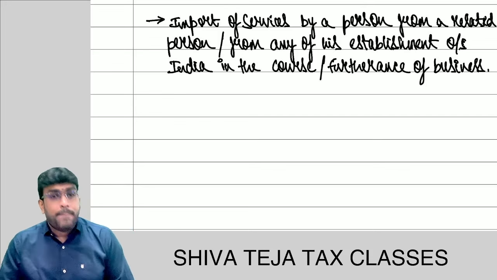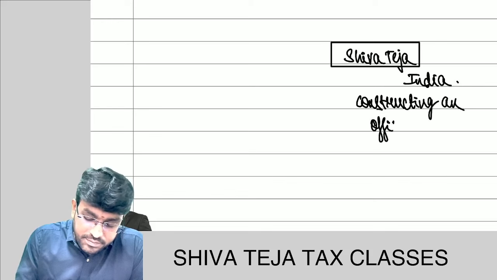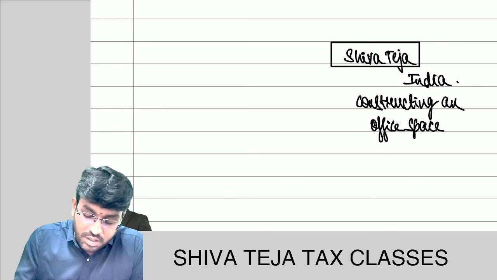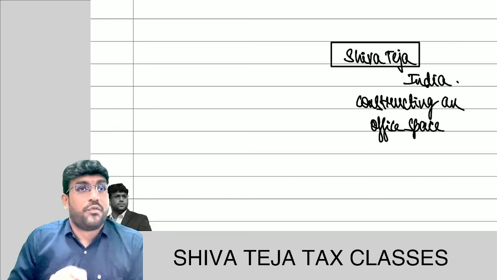Now I'll ask you one question. Think properly and give me the answer. There is one person, Shivateja, who is in India, and I am constructing an office space. Clear, my dear friends?